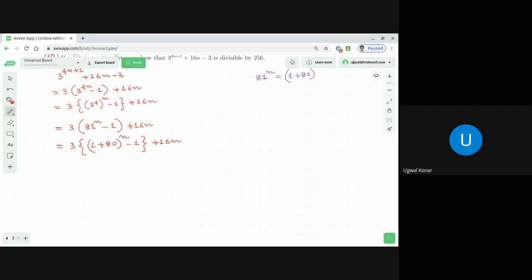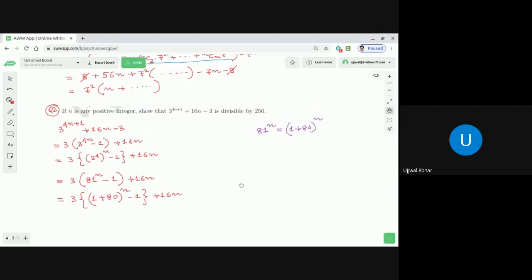Now, what we want to do is make sure that all the terms given in the expression are actually multiples of 256. And if you do it, you will get it. I'm not proceeding further. Rather, we should utilize this time to give you a few more problems. Is it clear, especially here, why 81 power n is actually 1 plus 80 power n?